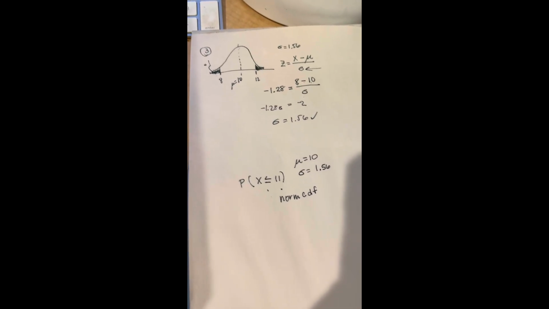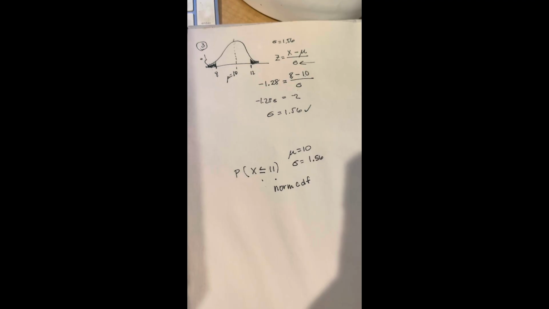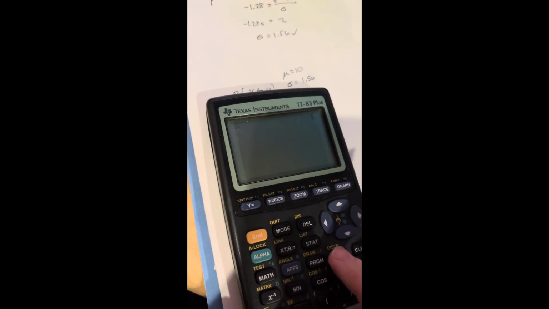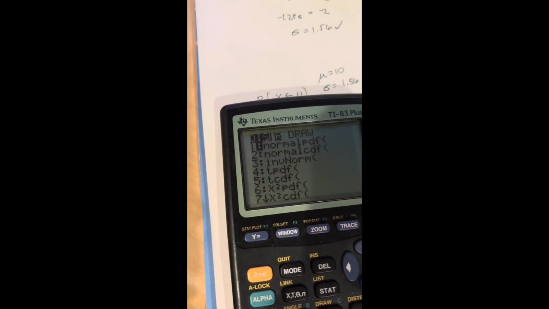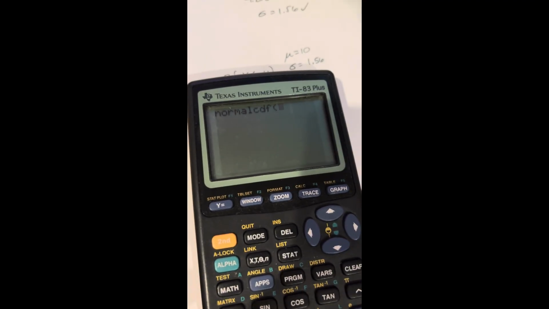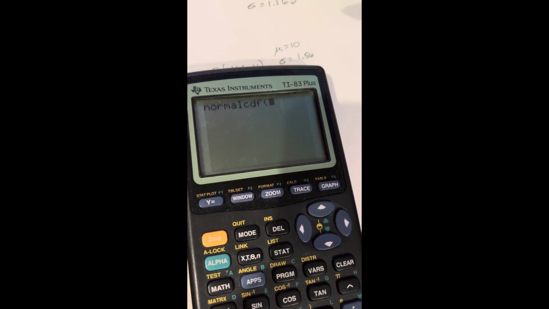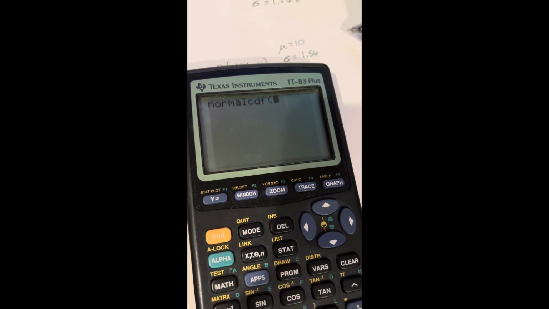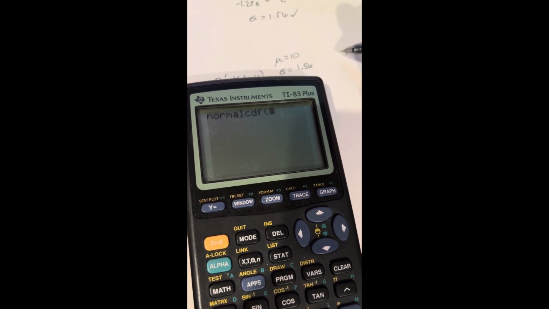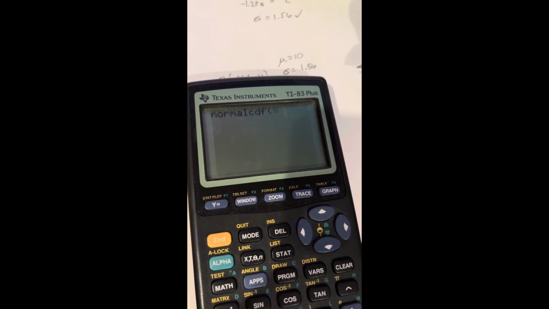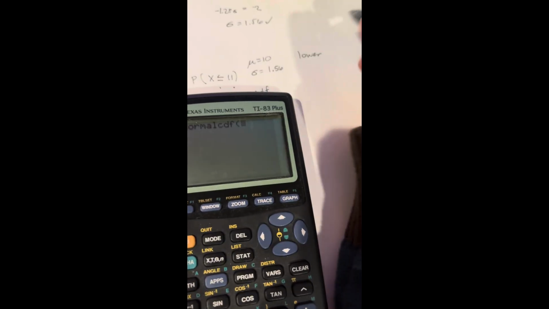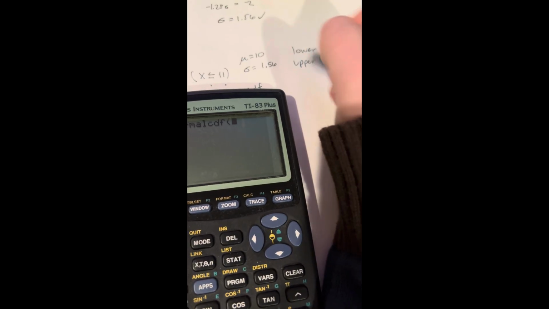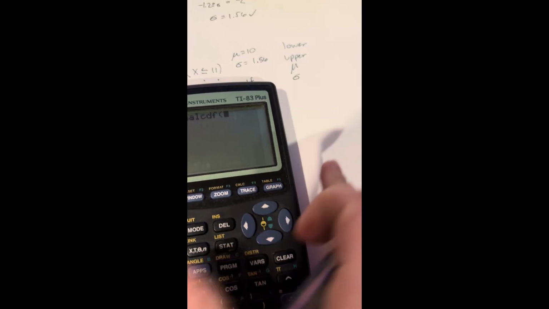So I can do this on the calculator. Again, I've got an old classic here with me. So I go to my distribution menu and select norm CDF. My screen is going to look very different from yours. On yours, it's going to say lower, upper, average, and then standard deviation.